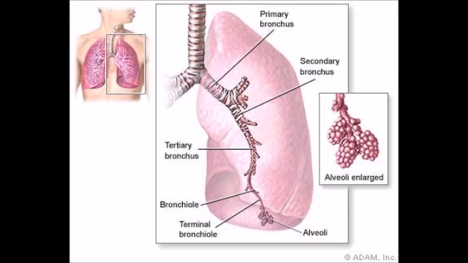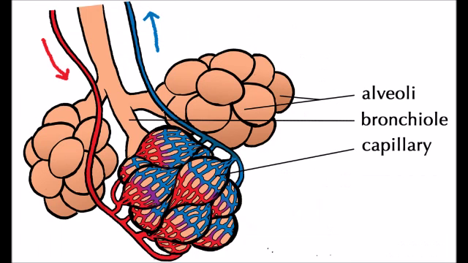The trachea divides into two smaller tubes called bronchi, one bronchus for each lung. The bronchi carry air into the lobes of the lungs, 2 lobes in the left lung and 3 lobes in the right lung. Inside the lungs, the bronchi continue to branch off into smaller tubes called bronchioles that spread throughout the lungs to form a respiratory tree.